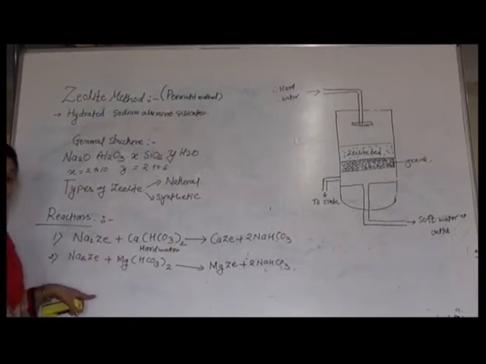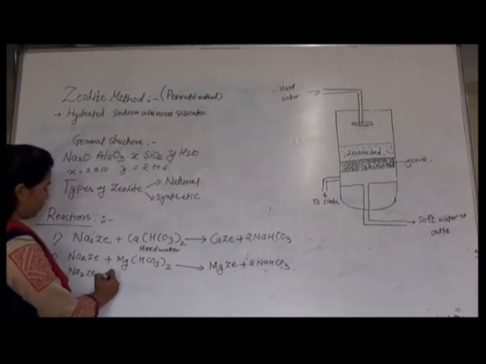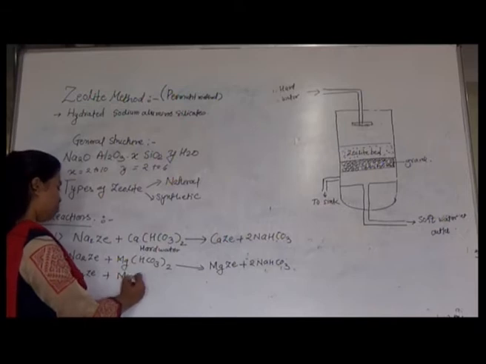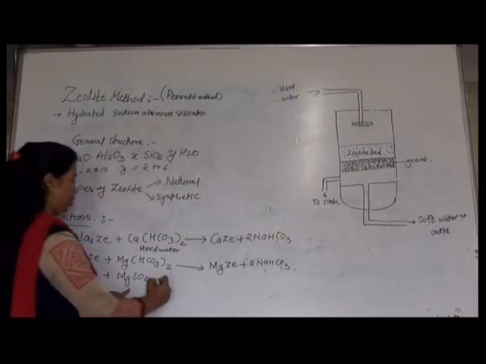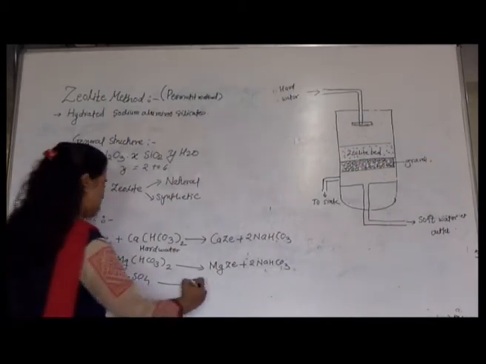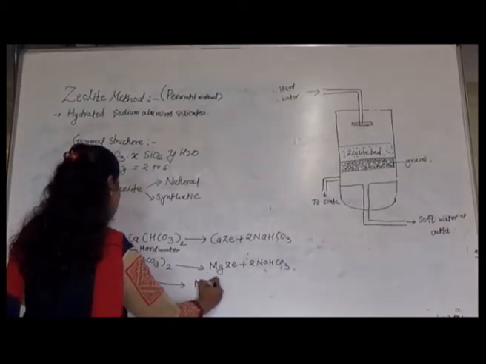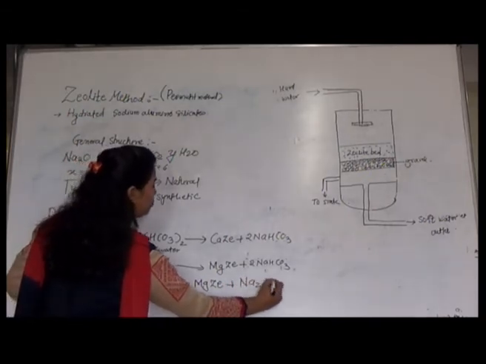Now take the example of a permanent hardness causing salt, because temporary as well as permanent hardness causing salts are present in water. So the next reaction: Na2Ze plus MgSO4. MgSO4 is a permanent hardness causing salt. Again the sodium zeolite retains the Mg2+ and forms MgZe, magnesium zeolite, plus Na2SO4.